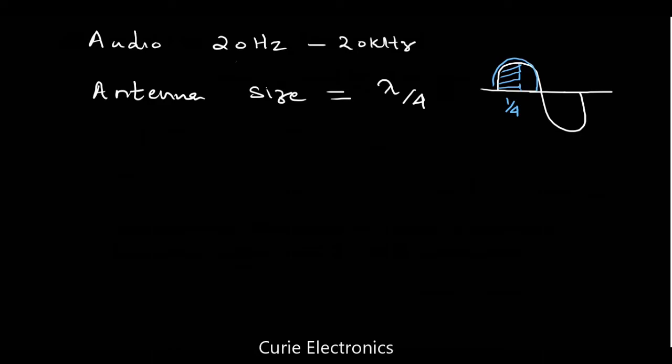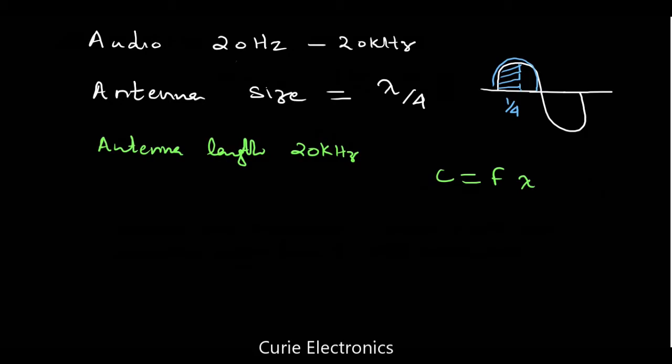Now we have 20 kilohertz. What is the antenna length required for 20 kilohertz? Let us calculate. We have an equation for that: C equals f lambda.